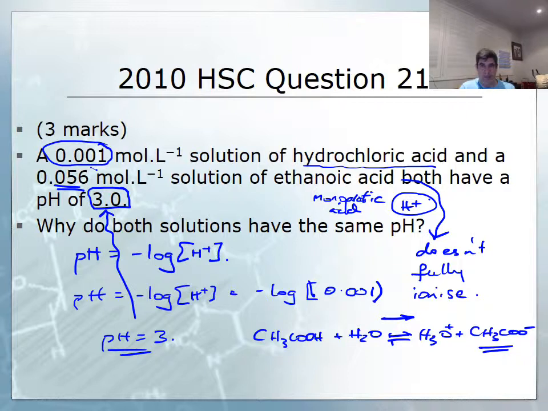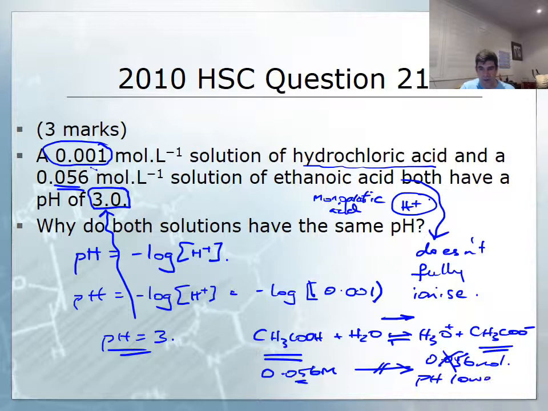It doesn't go to completion. So we still have some of this species left, which means the 0.056 moles per litre that we have of here do not translate into 0.056 moles of this. And therefore, the pH is lower than it would otherwise be.